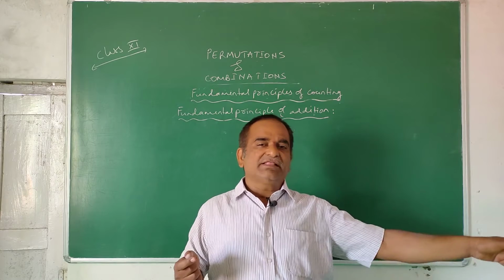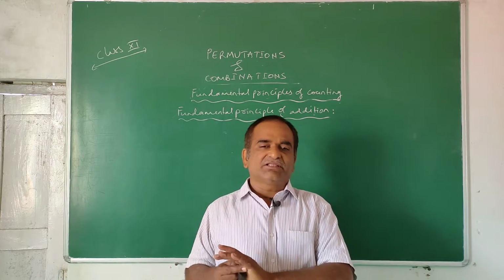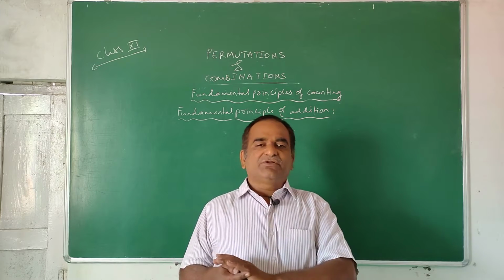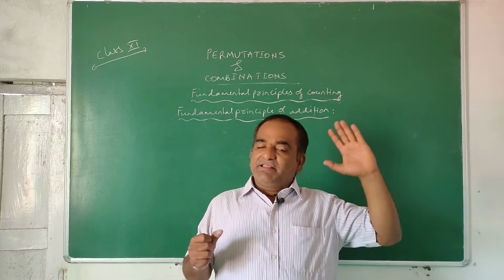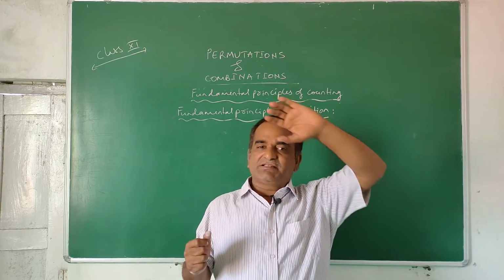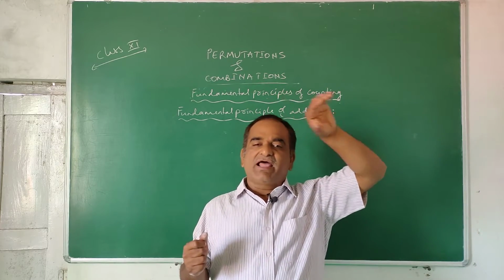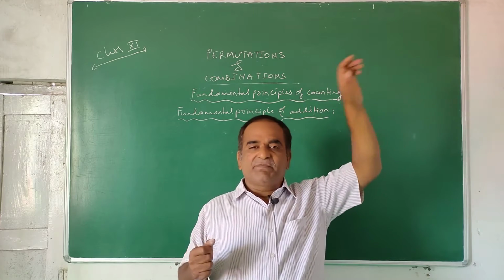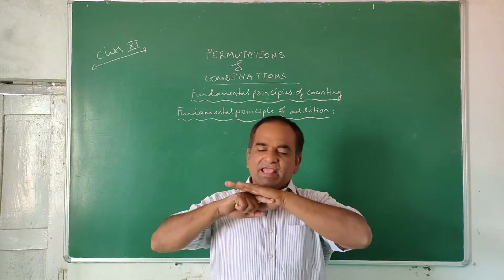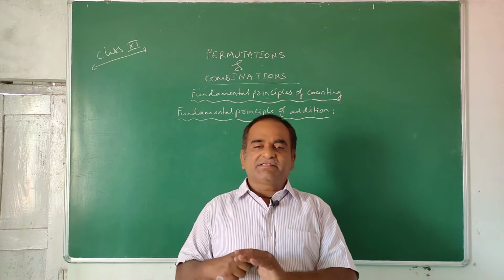If any one among these actions happens, that action is considered to have happened. This is a big difference, please try to understand. In the first case, all the actions should be performed in succession. Here it is not necessary. If only any one action is performed, our action is finished.